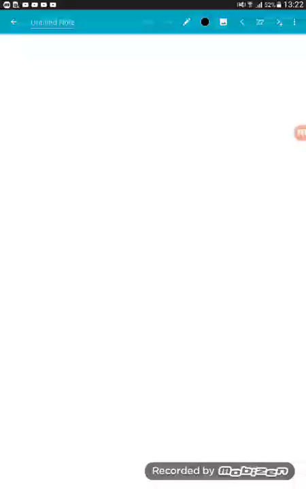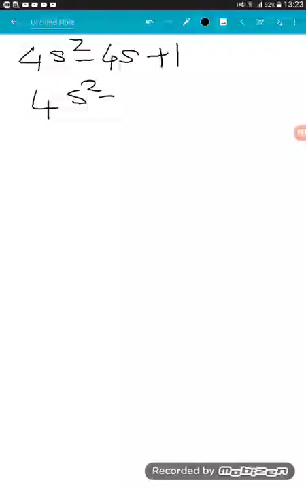Now we will look at the second one, 4s square minus 4s plus 1. Now 1 into 4 is nothing but 4, so we keep the sum as minus 2s and the product as plus 1 itself, because minus 2s plus minus 2s is nothing but minus 4s, and minus 2 into minus 2 is plus 4, so 1 into 4 is nothing but plus 4.